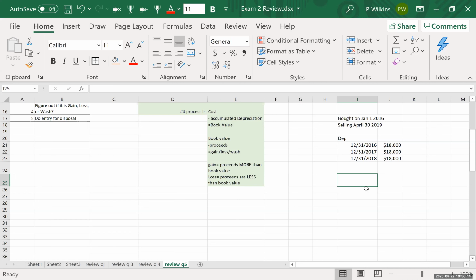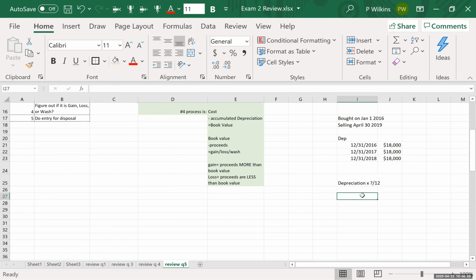Well, first let's put the formula down, right? So the formula is going to be the cost multiplied by something over 12. Actually, it's not the cost. It's 18,000. That's right. Not the cost, the depreciation. Depreciation times something over 12 because the depreciation is for a full year, right?